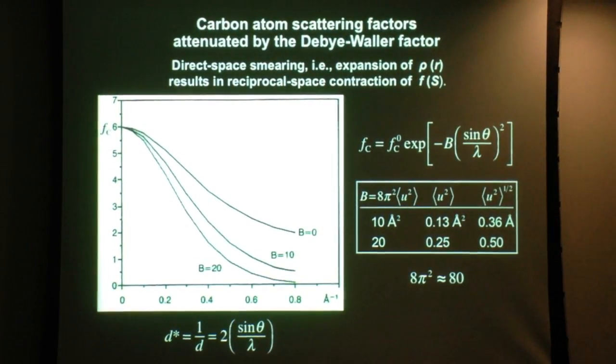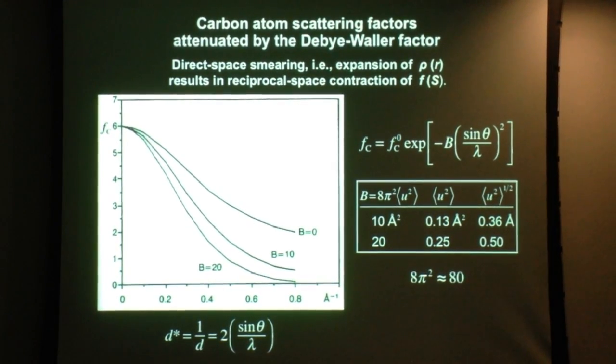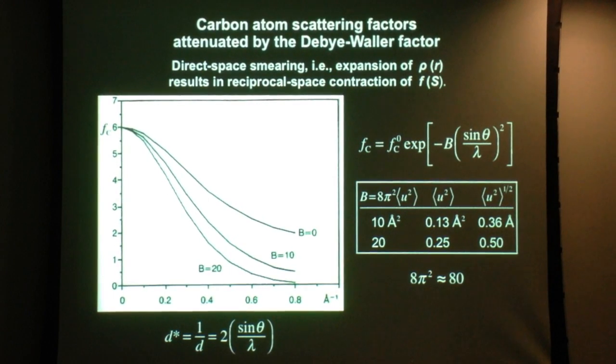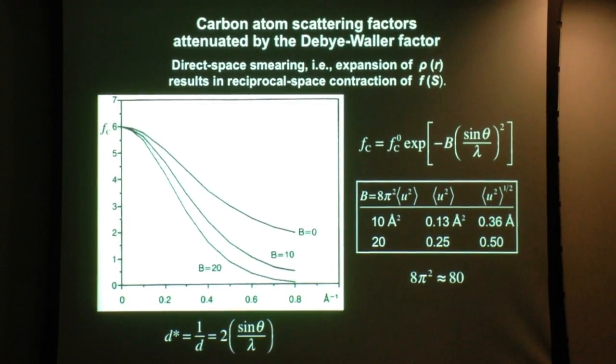And if we do more smearing, then go to a B value of 20, there's an even steeper fall off in the carbon scattering factor. So as the thermal vibration or disorder, which in biocrystallography is very often the main actor, the smearing by whatever mechanism, by thermal agitation, or because there's a disordered side chain that has maybe 2 probable conformations, the atom out at the end of the side chain is smeared around.